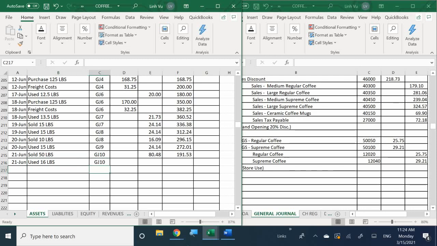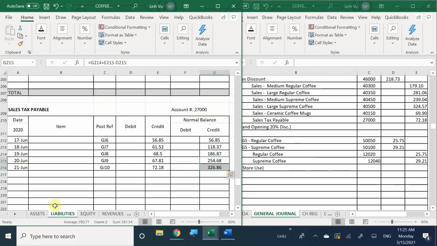General journal number 10 for $25.75, was it? Okay. So, what is my ending balance now? $65.78. Good, and that's exactly what we've got in our inventory worksheet.